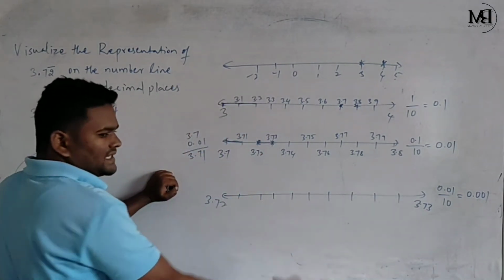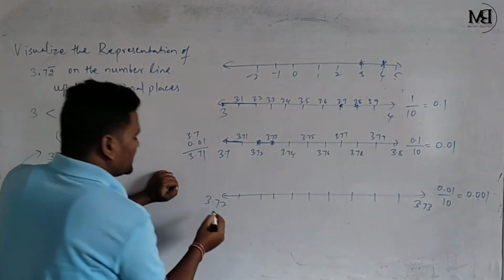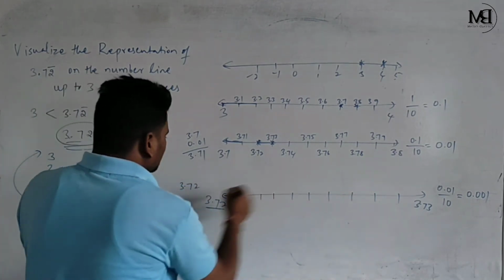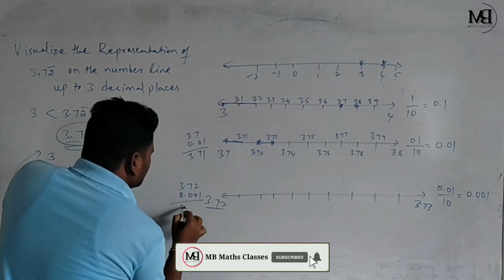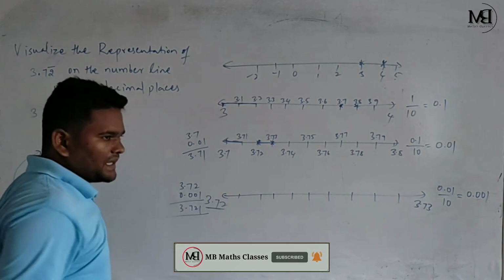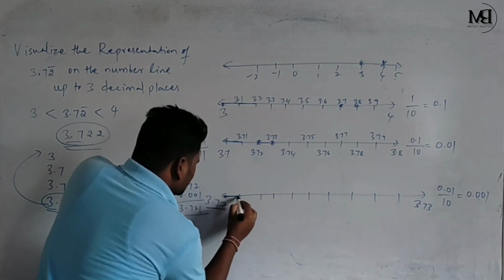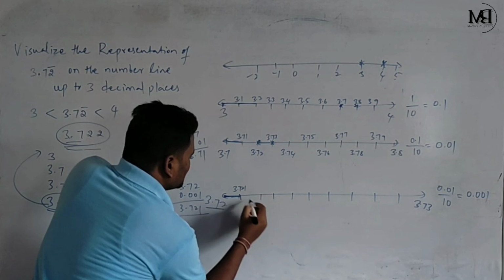Each part is 0.001 here. 3.72 plus each part 0.001 will be 3.721.